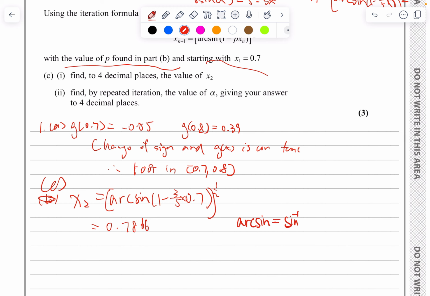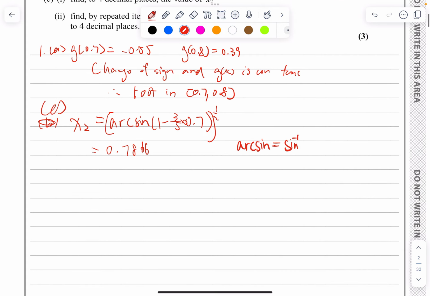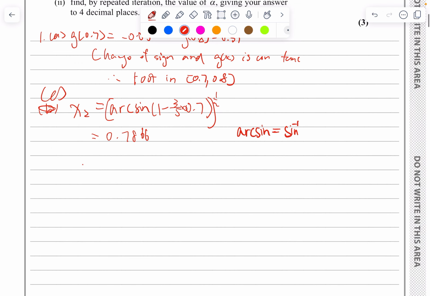I can't show you here because I don't have a camera, but what I did is sine to the power of negative 1 of 1 minus 0.6, which is 3/5, times 0.7, and then do this to the 1/2 power, right?